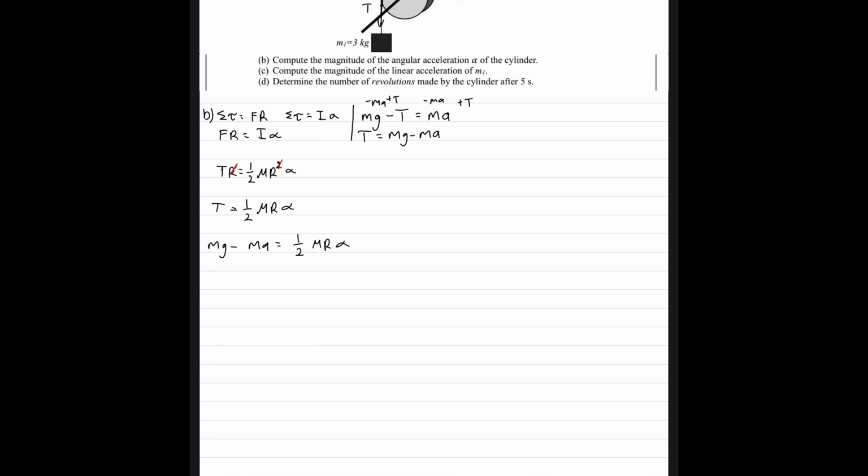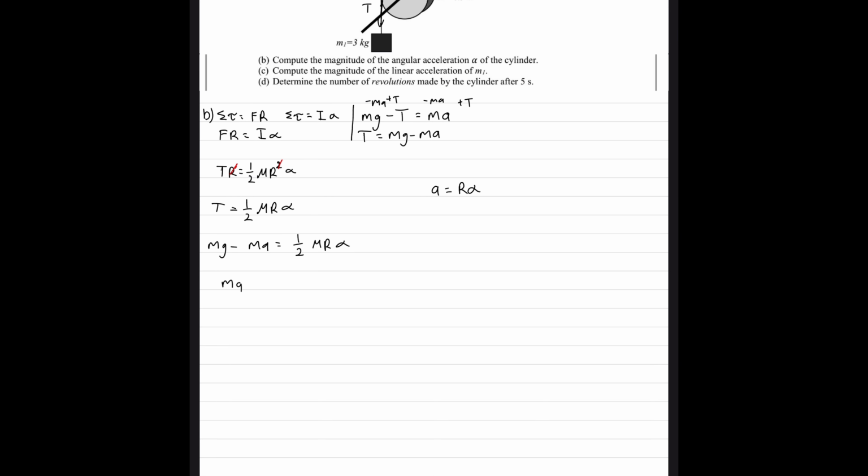But then we want it to be angular acceleration and not just linear acceleration. So we know that a is equal to, okay, this is the radius of the solid cylinder, so that's a capital R, times alpha. So I'll replace linear acceleration with what we found.